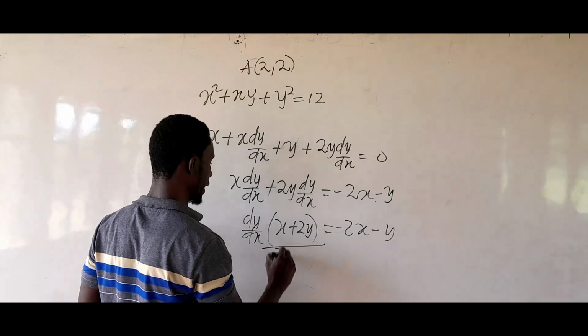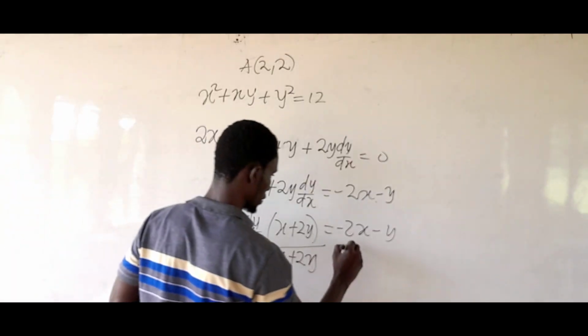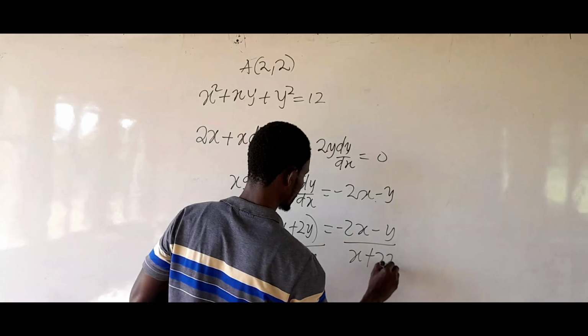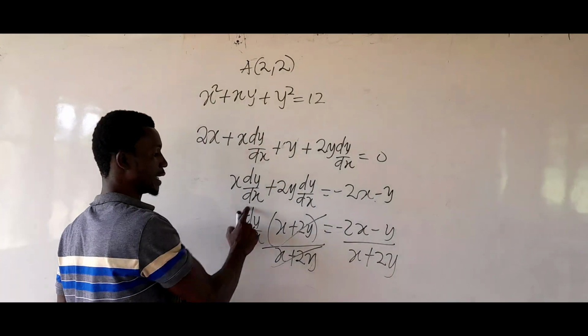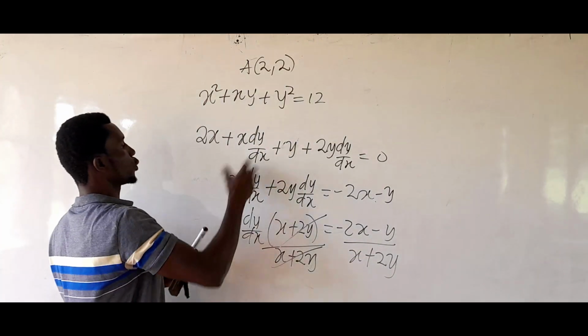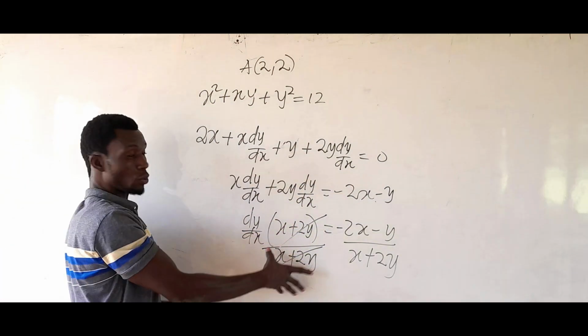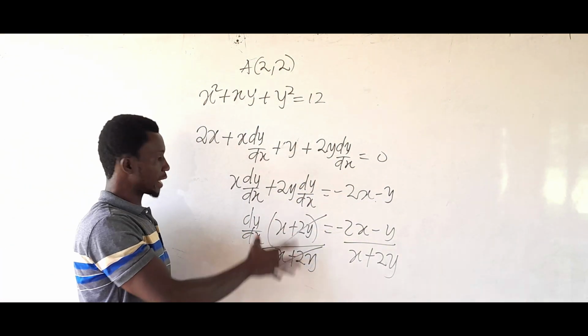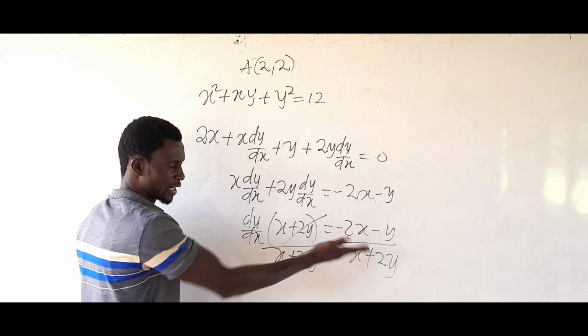Then you divide both sides by x plus 2y, which cancels, and you have dy dx. But you could have gone straight without going through this. It takes a number of seconds even to arrive at this.